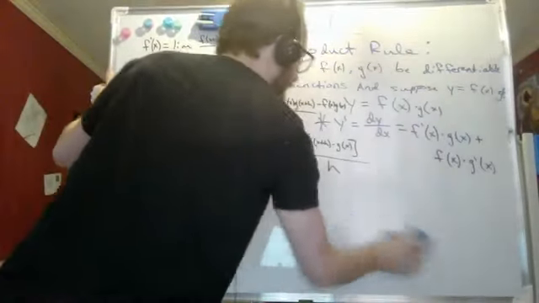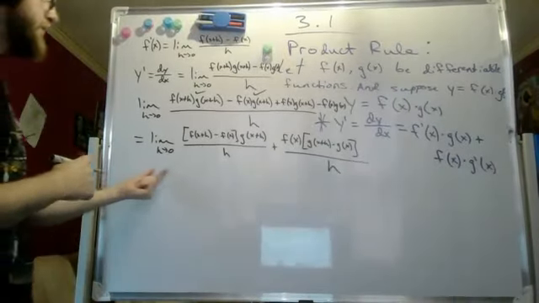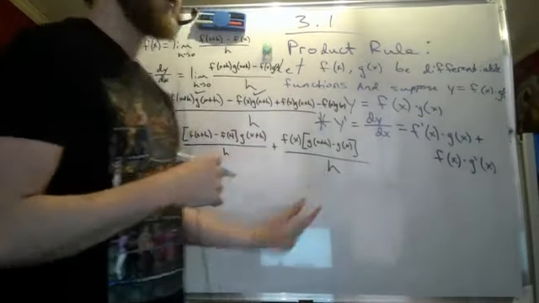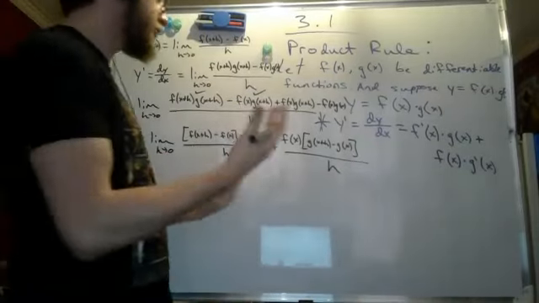So, and also remember that when we have the limit of something plus something, I can distribute that limit. So we're also going to do that.